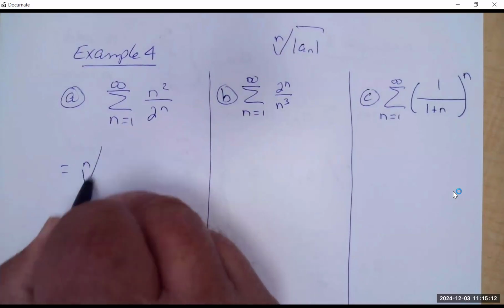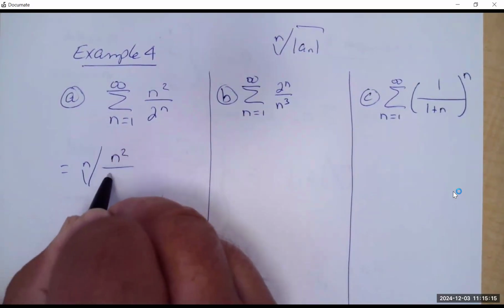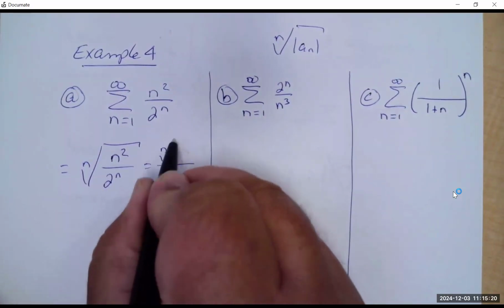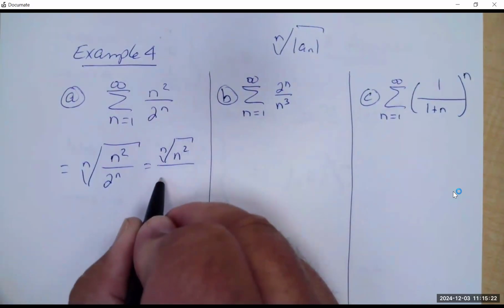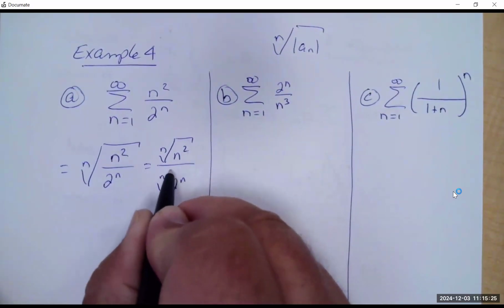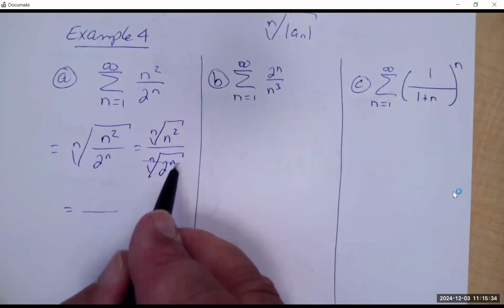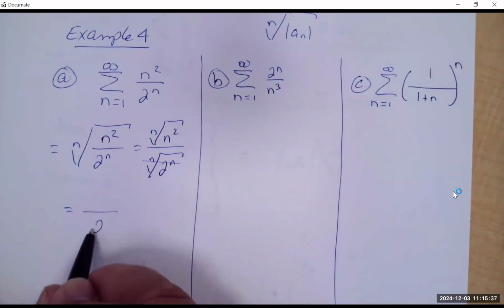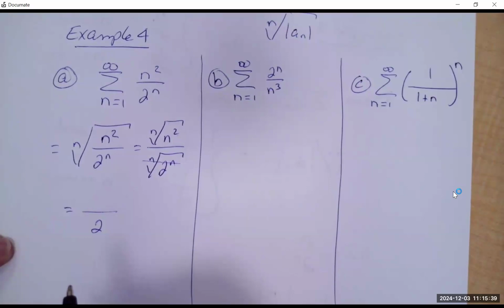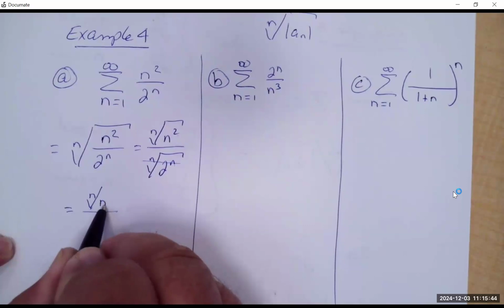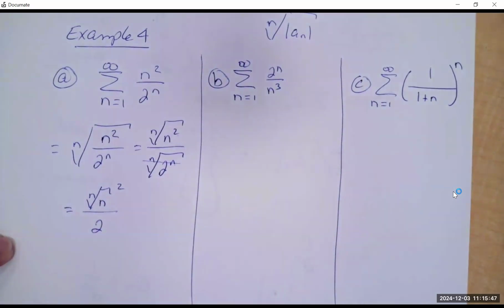So the nth root of n squared over 2^n becomes the nth root of n squared over the nth root of 2^n. On the bottom, the root and the exponent cancel, so it's just 2. And on the top, we have the nth root of n squared. We can take out that square term.